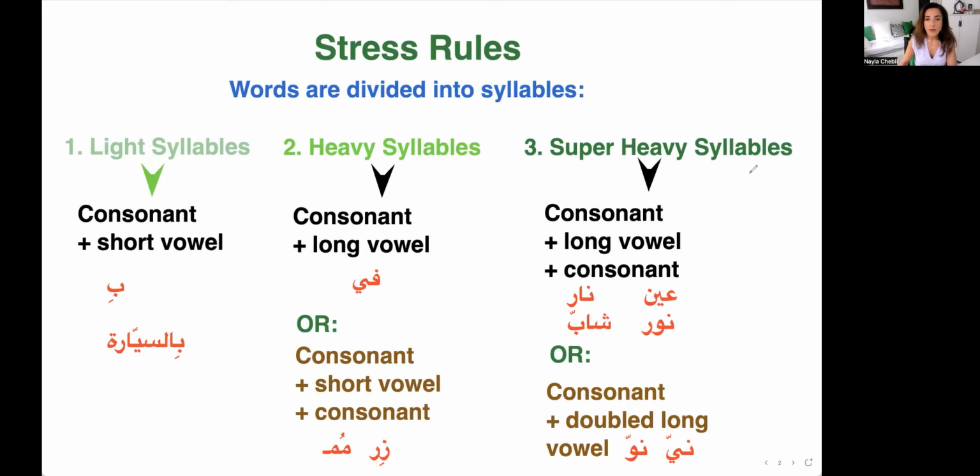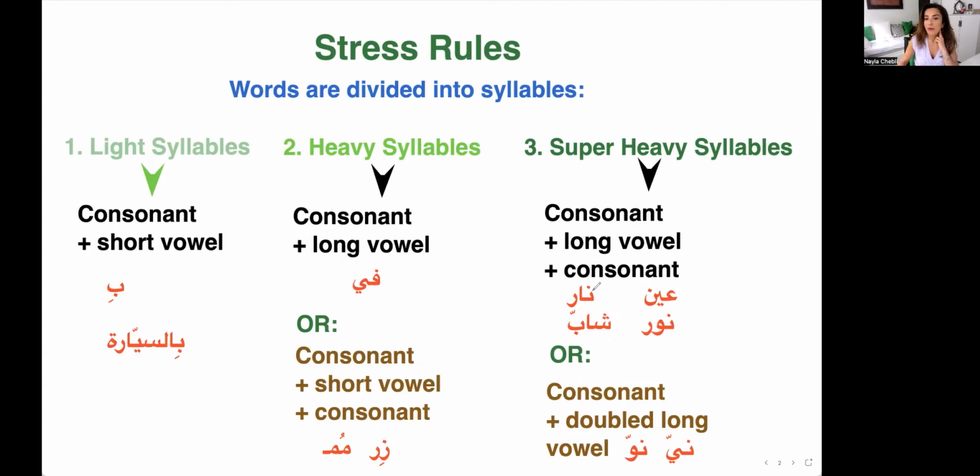What are super heavy syllables? Super heavy syllables are made out of a consonant followed by a long vowel followed by another consonant. For example, ayn, consonant, long vowel, consonant. Ayn means eye.